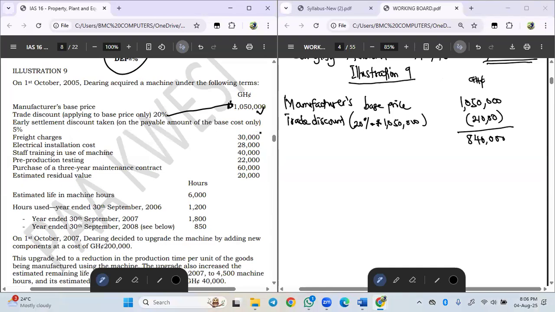Now let's look at the following ones. Freight charges. So this one you add it. This one is 30,000. I also have electrical installation costs.